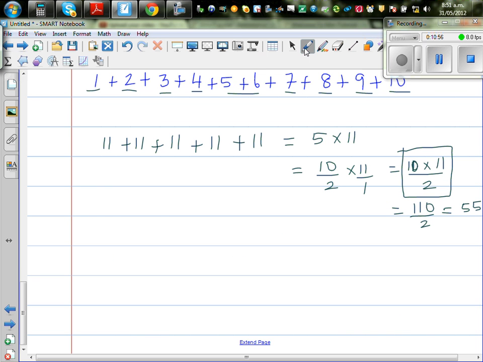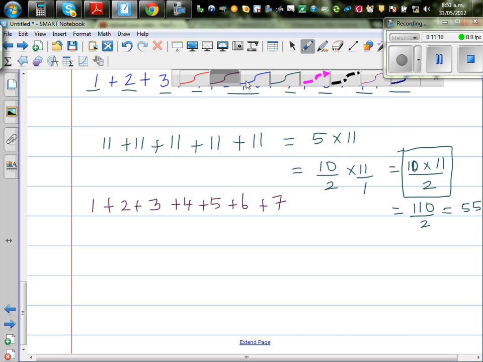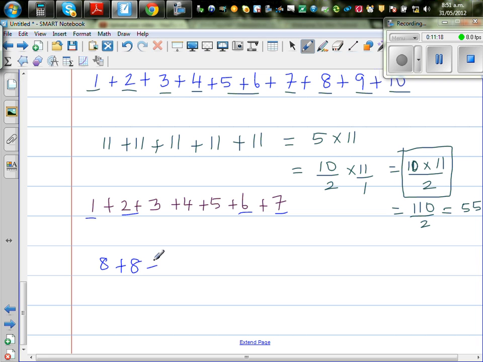So let us add from 1 to 7. 1 plus 2 plus 3 plus 4 plus 5 plus 6 plus 7. Let's see how many lots of 8 we get. This is one lot of 8, the second lot of 8, the third lot of 8, and then you get a 4. Okay, this is a bit tricky.